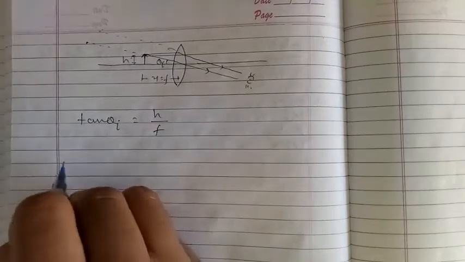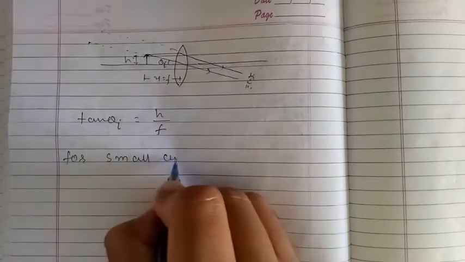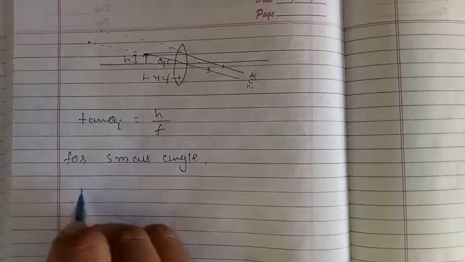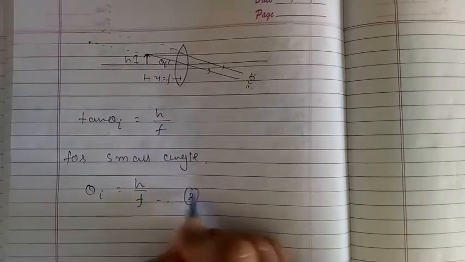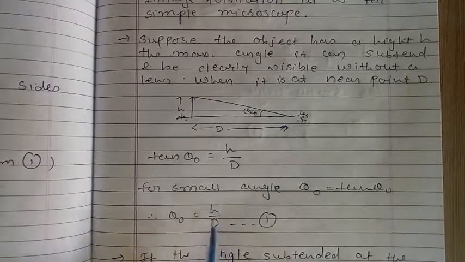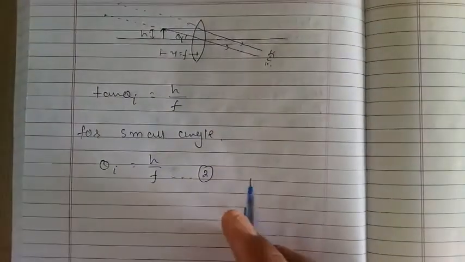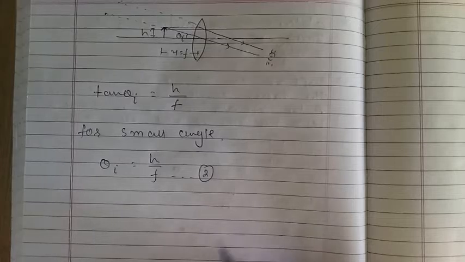But for small angles, theta I is equal to h by f. This is our equation number 2. Equation number 1 is theta 0 is equal to h by d, and equation number 2 is theta I is equal to h by f.